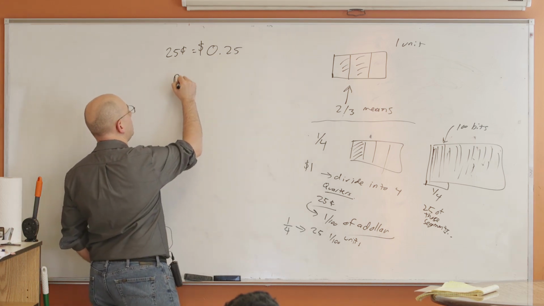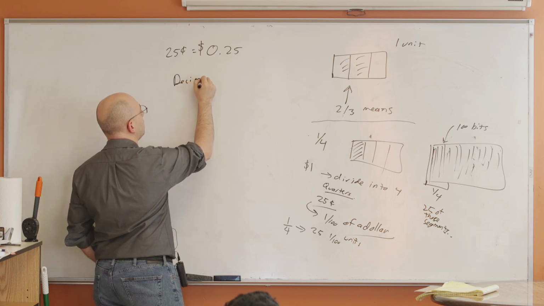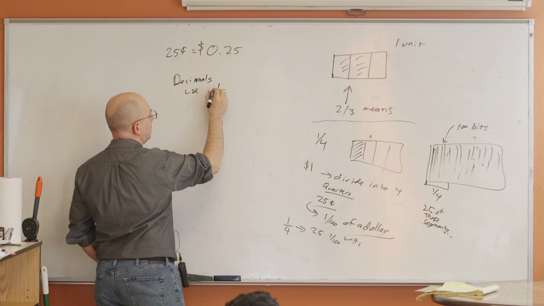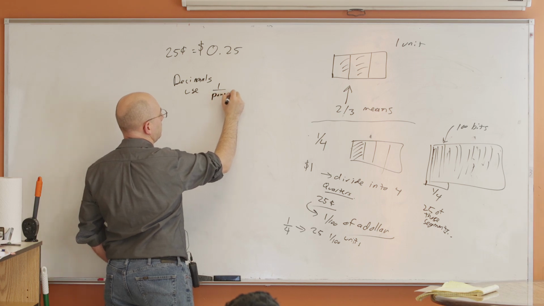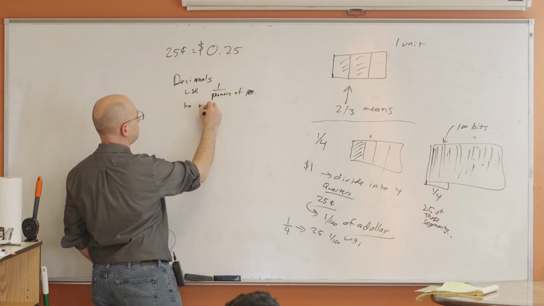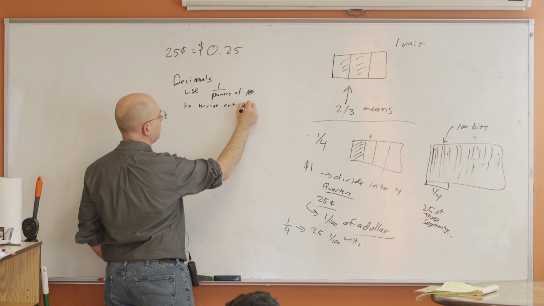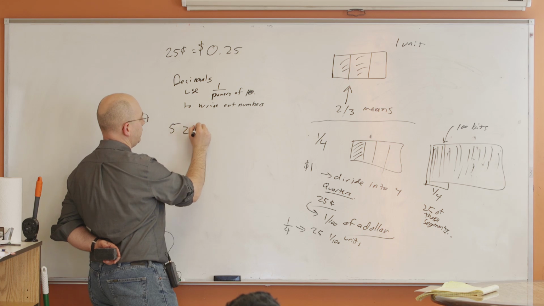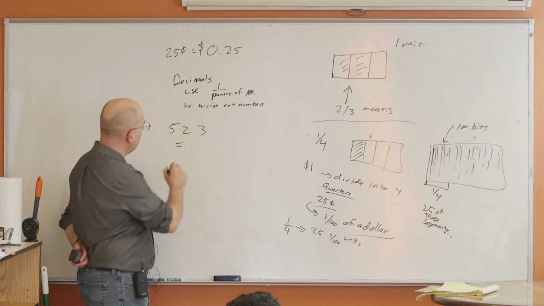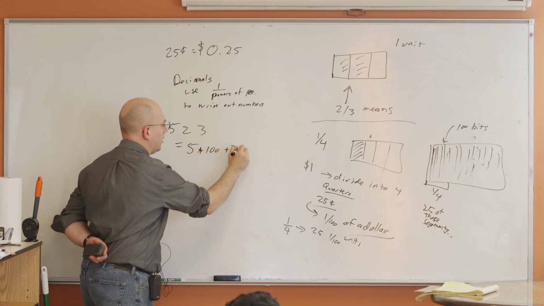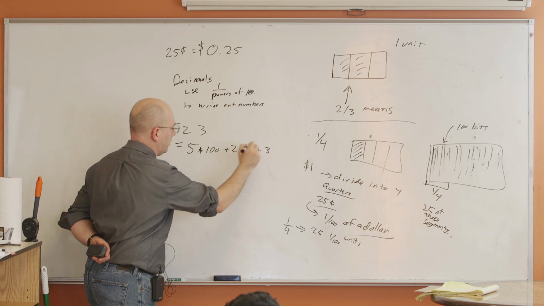And in general, these decimals use powers of 10 to write out numbers. So if we had 523, kind of where it started, we think of that as 5 times 100 plus 2 times 10 plus 3.